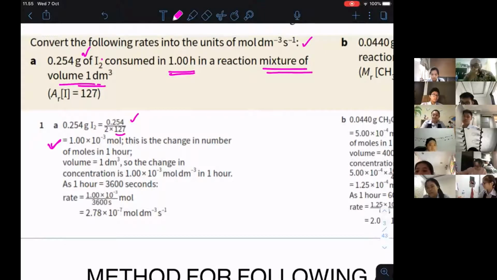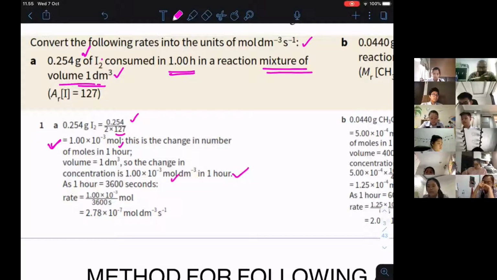So again, what I was talking about: you find out the number of moles, in this case they give grams, and then the volume in dm cube. So first find out the concentration. Once you find the concentration, this is moles divided by 1 dm cube in 1 hour.